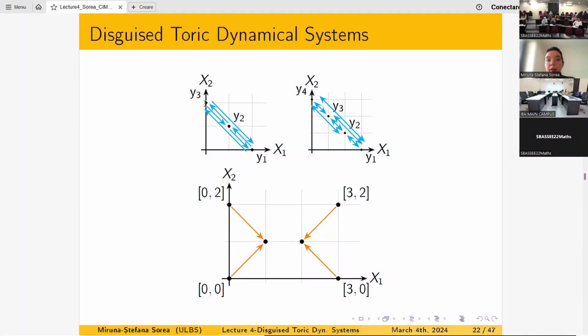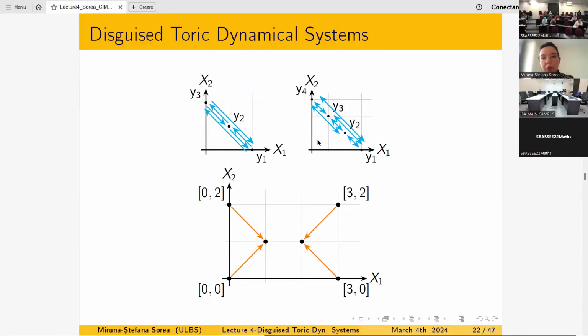We will prove that even if the toric locus was a dimension 1 semi-algebraic set, the disguised toric locus is the whole parameter space. So we will end up seeing that no matter how you choose the rate constants on the edges, you end up having nice dynamics of your system.